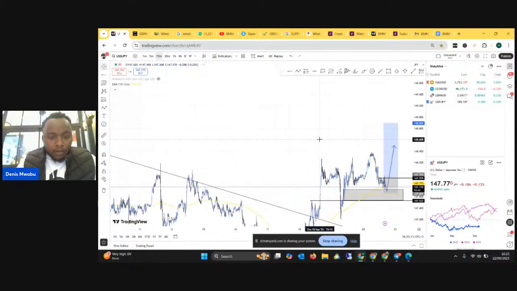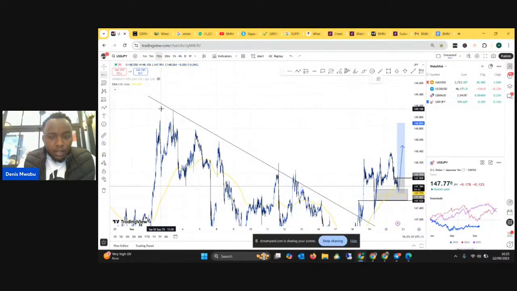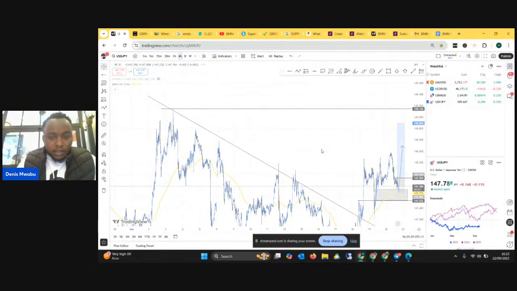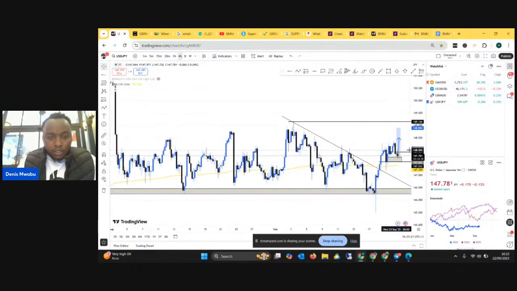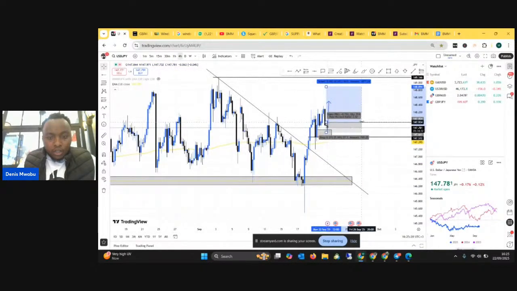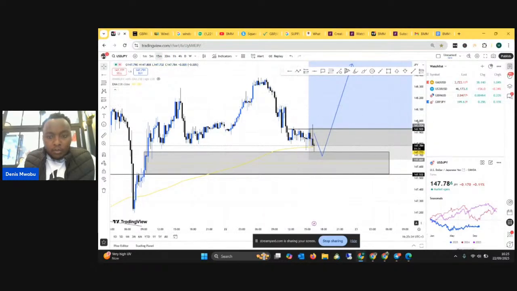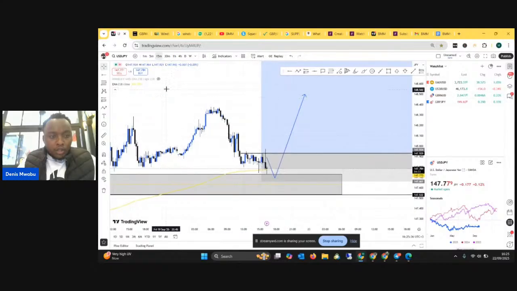And if this buy comes through, guys, this thing will shoot up like crazy, and we can target those areas there. But you have to be patient on USDJPY until our BMM confirms a buy trade idea there.